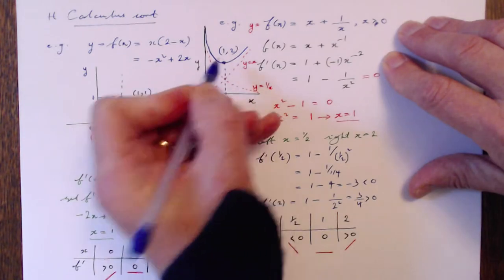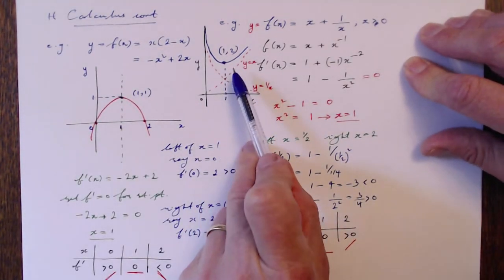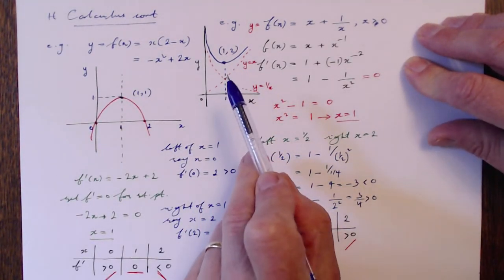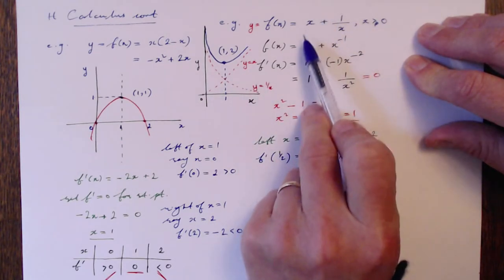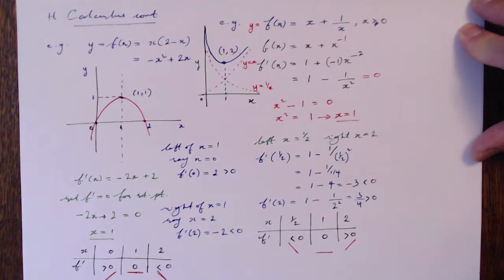Alright, so that's a slightly more complicated example of locating and identifying a stationary point for this function. This is a function that often crops up in optimization problems. Right, so finally in this wee bit of space here, I want to just talk about inflection points.